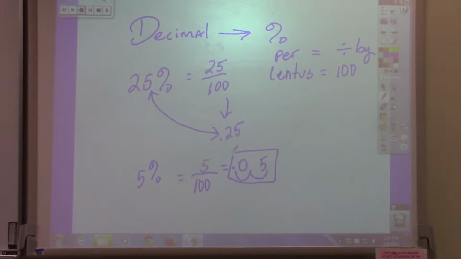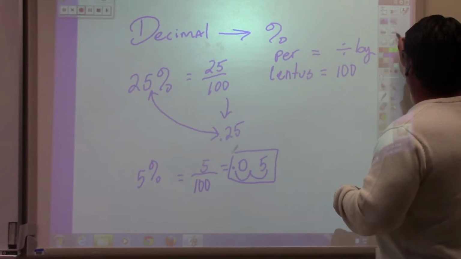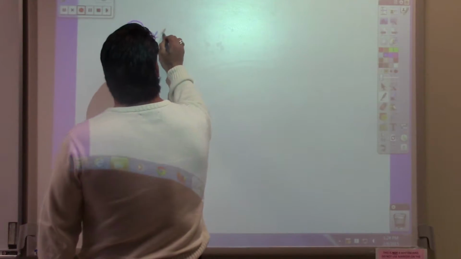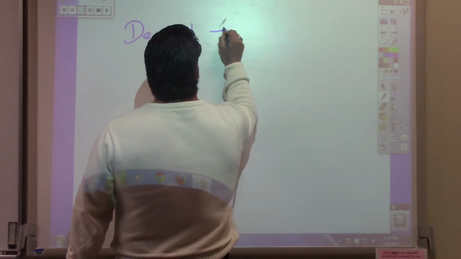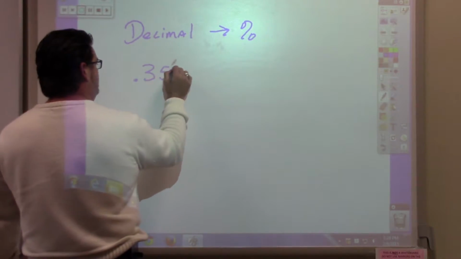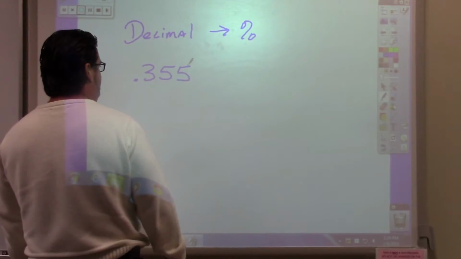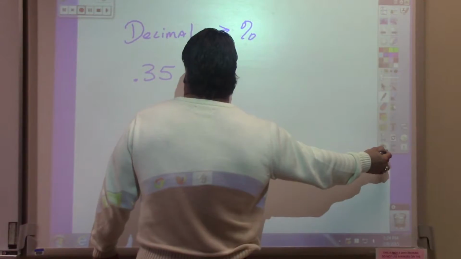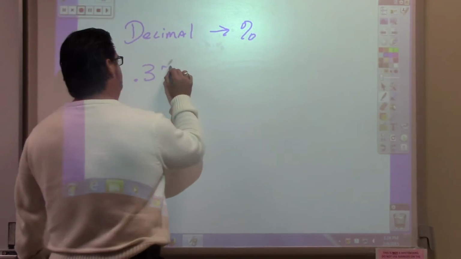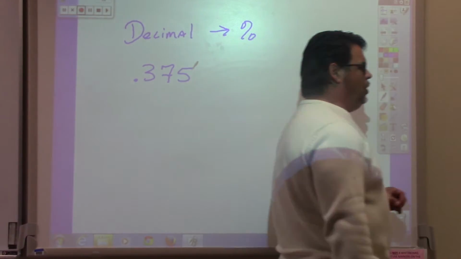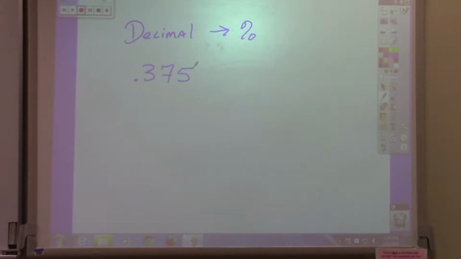Now what if I have a decimal and I want to write it as a percent? 0.375 is a perfect example. If percent means over 100, then changing to percent means multiply by 100, right?